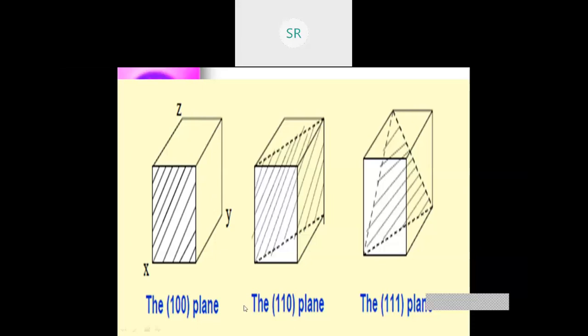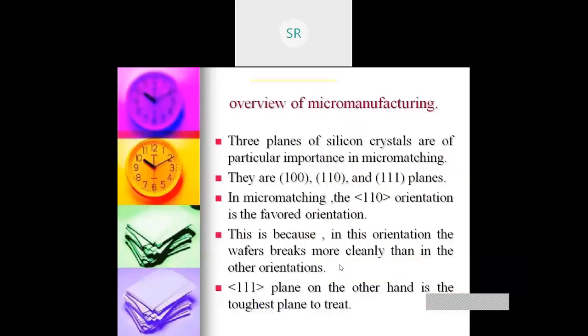Okay. So now in micro manufacturing, only these three planes are preferable: 100 plane, 110 plane, and 111 plane. So these planes are preferable. And out of this, in micro manufacturing, the 110 orientation is favored orientation.